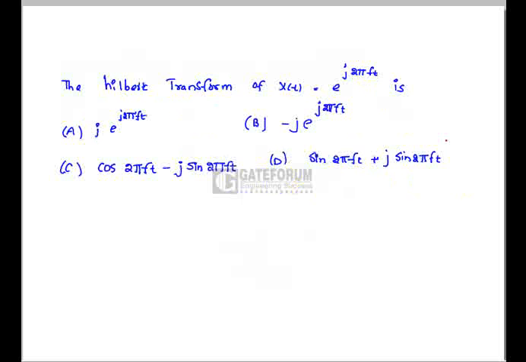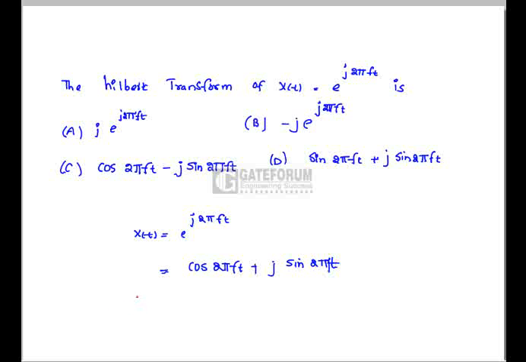Here the question is the Hilbert transform of x of t. Here x of t equals e power j 2 pi ft, which equals cos 2 pi ft plus j sin 2 pi ft.